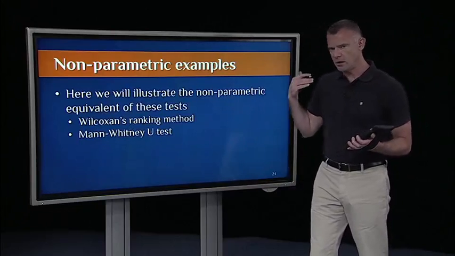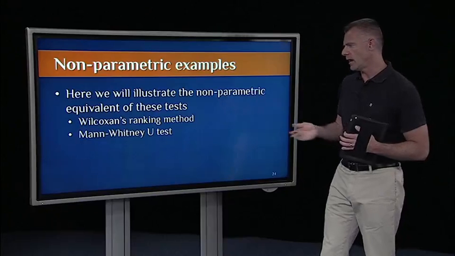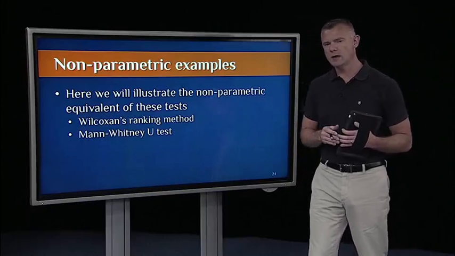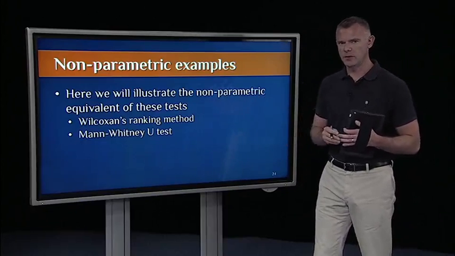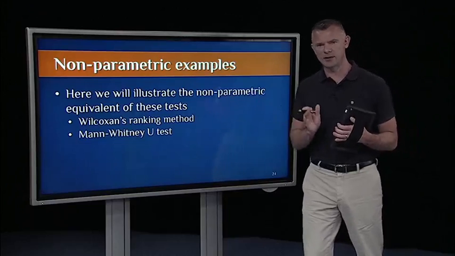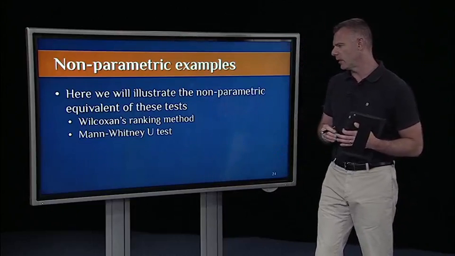The corresponding non-parametric procedures for those are known as Wilcoxon's ranking method or Wilcoxon's signed rank test. It goes by a few different names. I prefer Wilcoxon's ranking method because that's actually the title of his 1945 paper where he introduced this method.